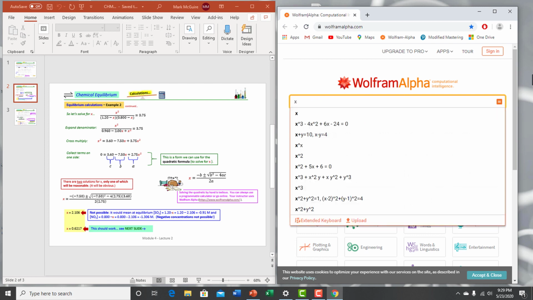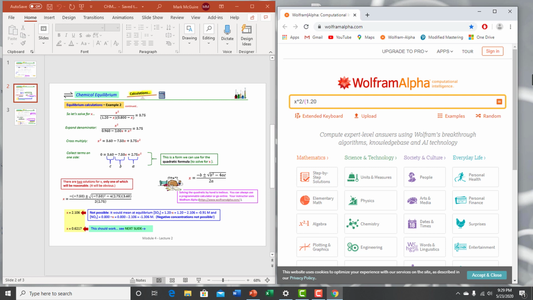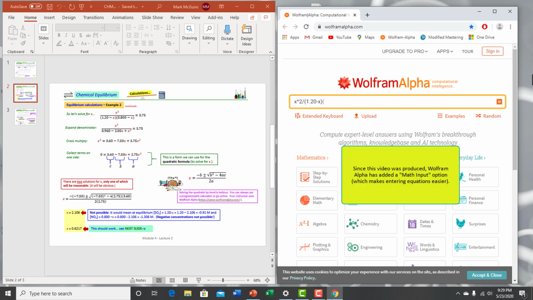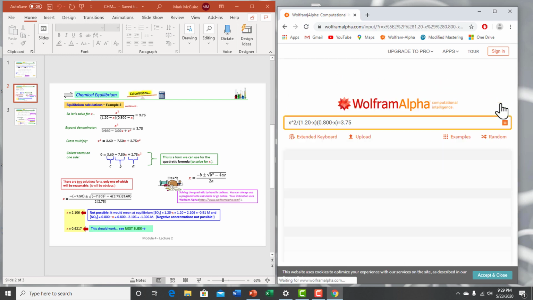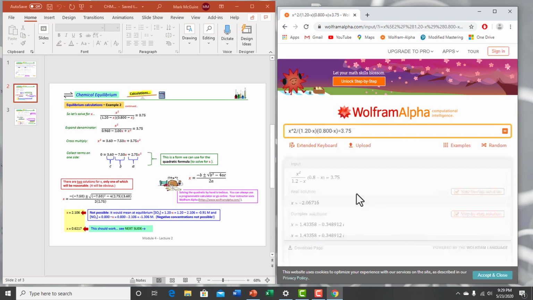So I have x^2, meaning x squared, divided by (1.20 - x) times (0.800 - x) equals 3.75.